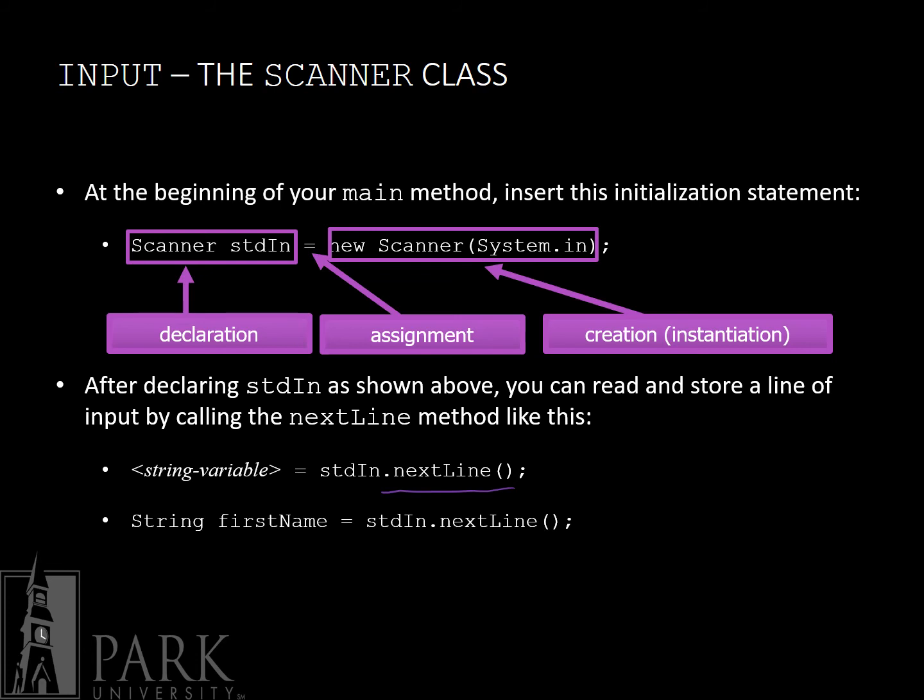So you can see here we are doing another initialization where we are declaring a variable called first name right there, and we're assigning it whatever is going to be coming from the command line. So this is going to wait for you to input something and hit enter. Once you do, whatever you input is going to get stored in the first name variable.